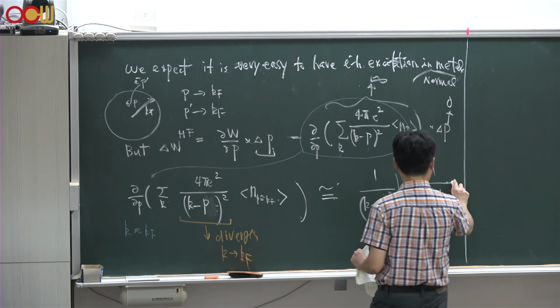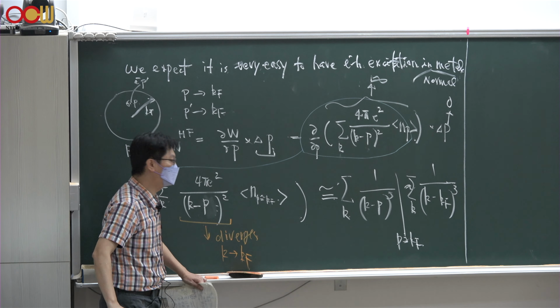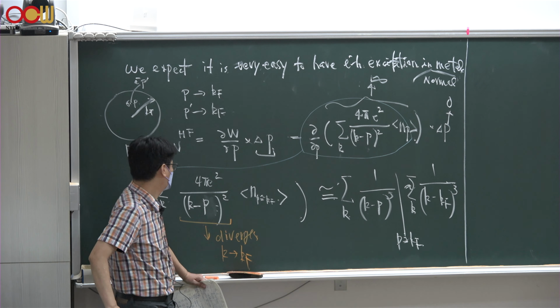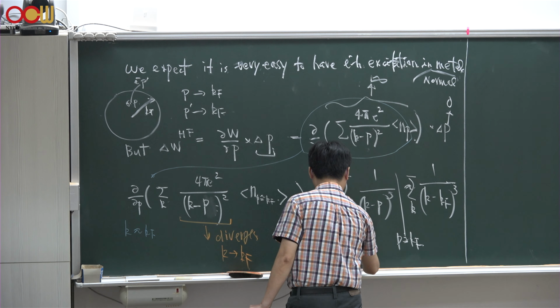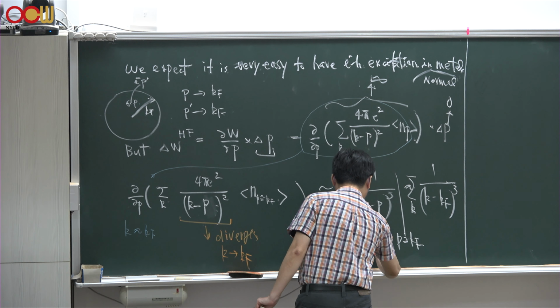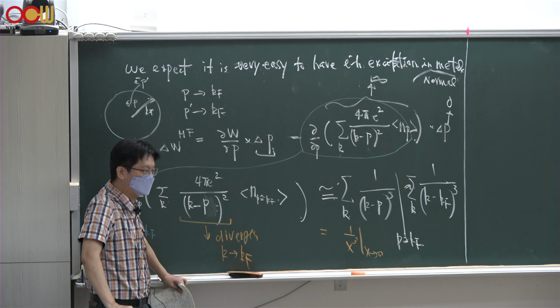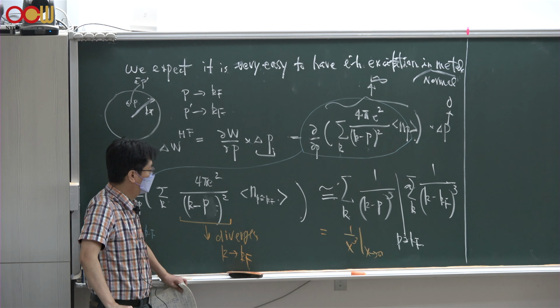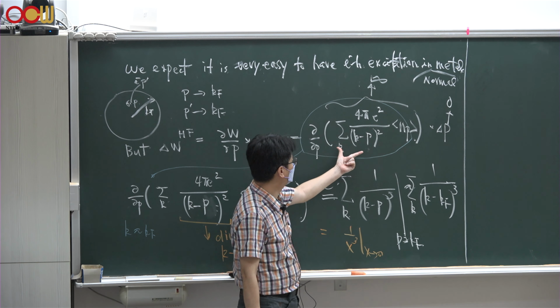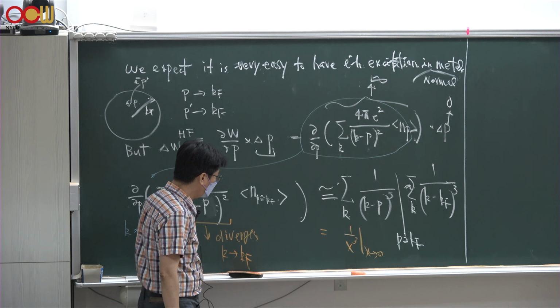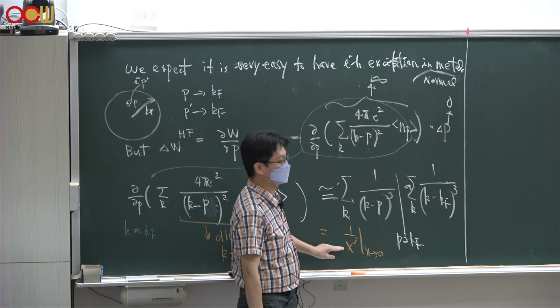But you need to sum over all possible K. So this is a 1 over x divergence when x goes to 0, right? So this is like 1 over x cubed when x goes to 0. So this is a 1 over x cubed divergence when x is very close to 0. And that's how you get a very singular divergent term in 1 over x cubed, okay?